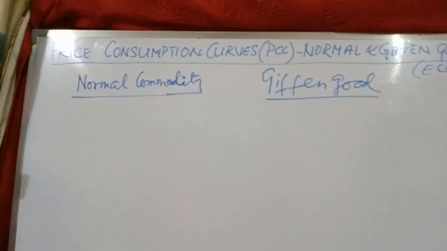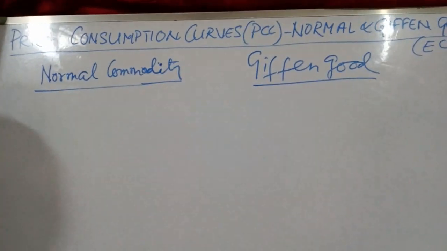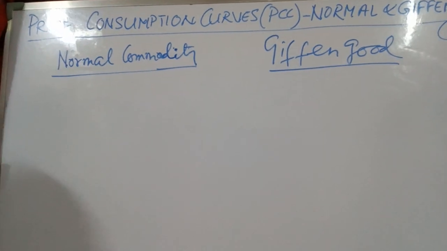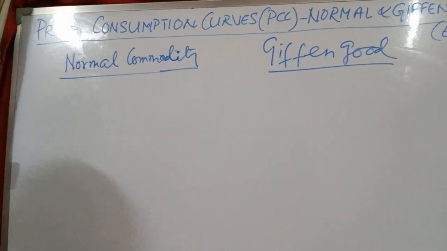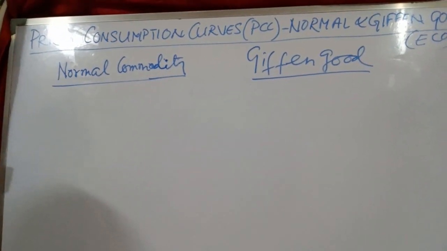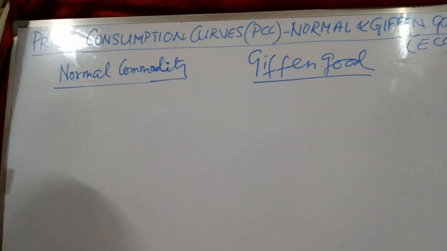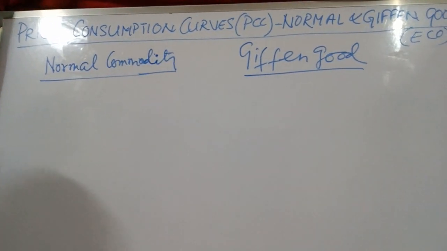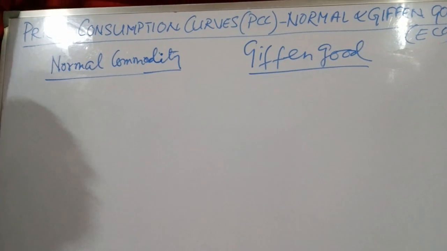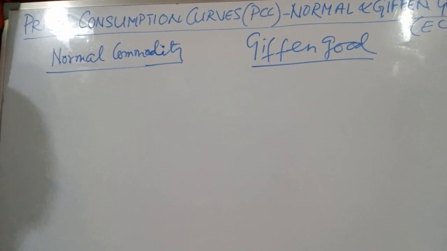So the effect of change in price of a commodity on the consumption of that commodity is known as price effect, and the curve that traces this effect is known as price consumption curve or PCC.